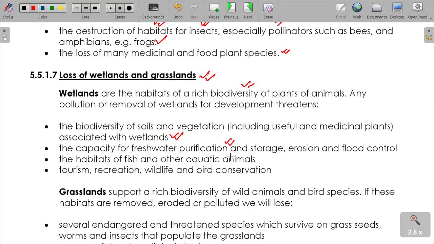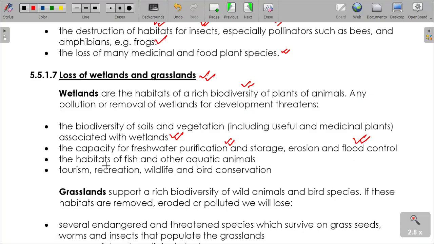Water tables are quite important in terms of controlling and ensuring a continuous supply of clean water. Hence, we are saying that the capacity of fresh water is also affected by destruction of wetlands and grasslands, and flooding can also be caused.